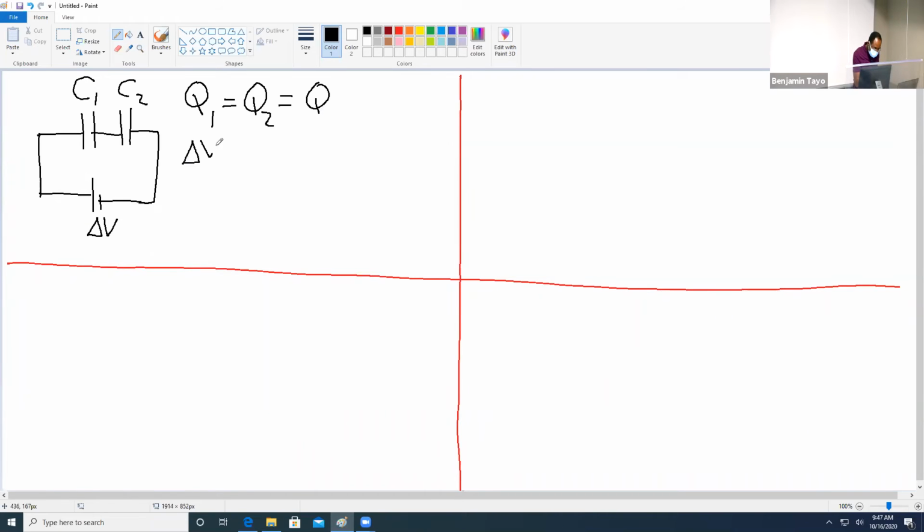The voltage across capacitor number 1 is not the same as the voltage across capacitor number 2. And we calculate the equivalent capacitance, so 1 over C equivalent is equal to 1 over C1 plus 1 over C2.